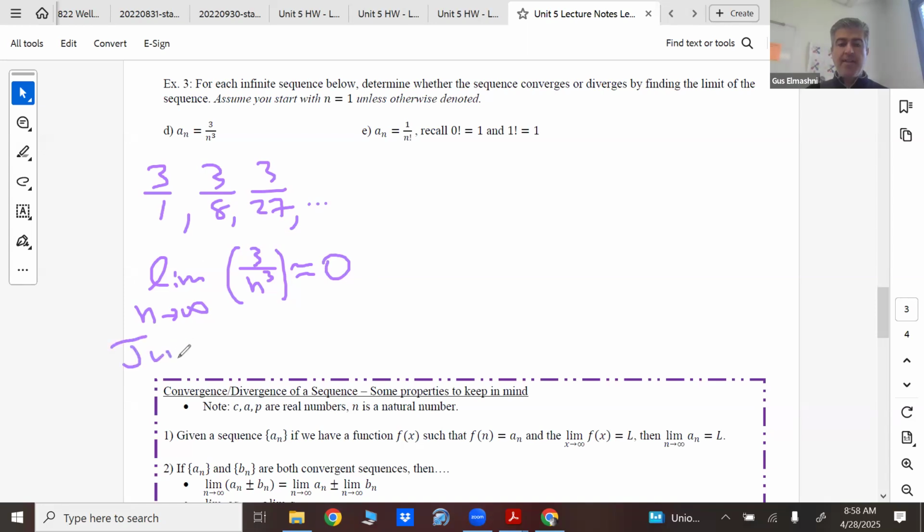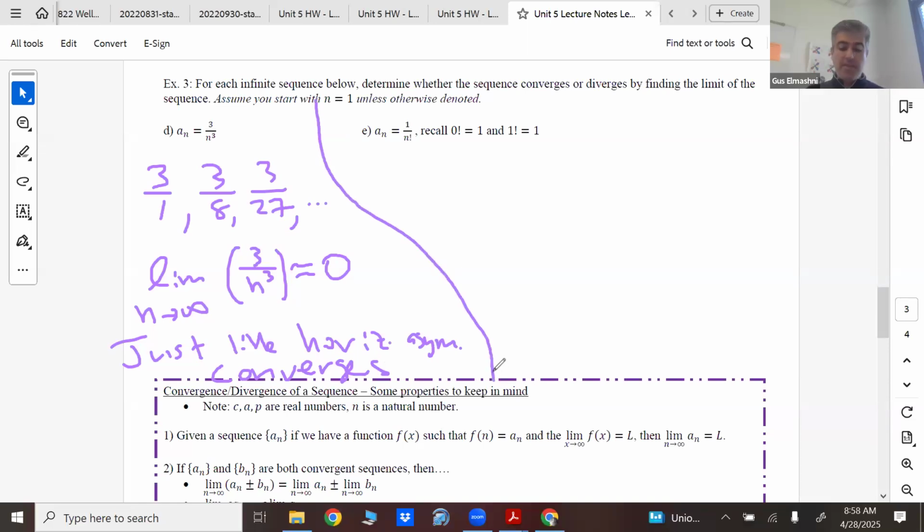This is just like a horizontal asymptote. So we've seen this before. So this definitely converges. Does it equal 0 exactly? No. But that doesn't matter.